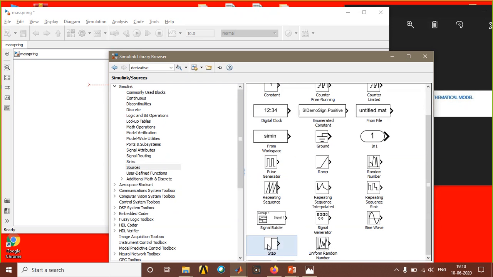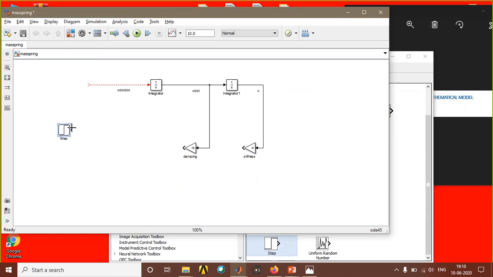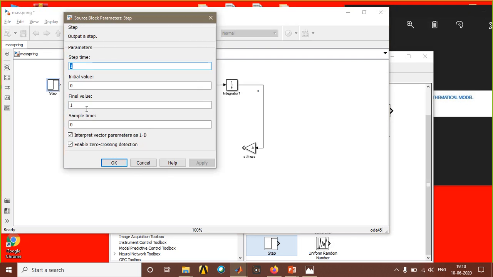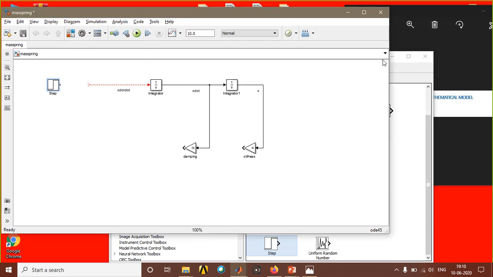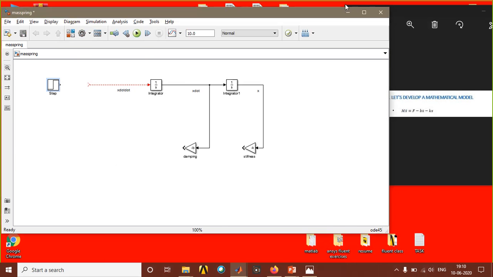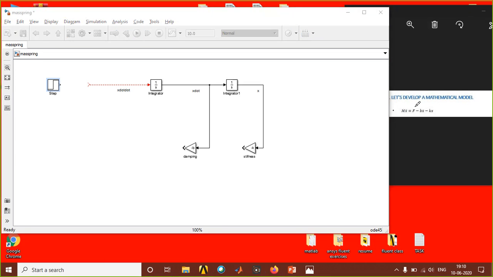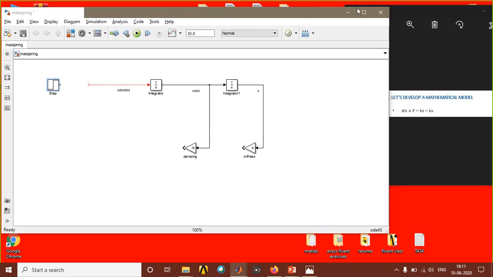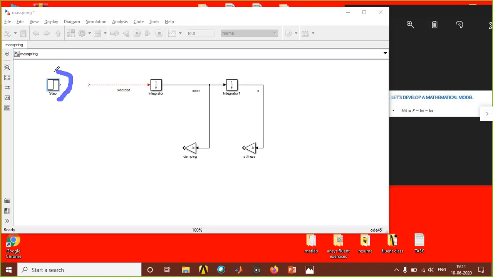Step is here. So I'm going to use a step input, that is F. I'm going to put F here, all in small letter. So now when you see, we have successfully created F minus B x dot minus kx. I have those terms over here.